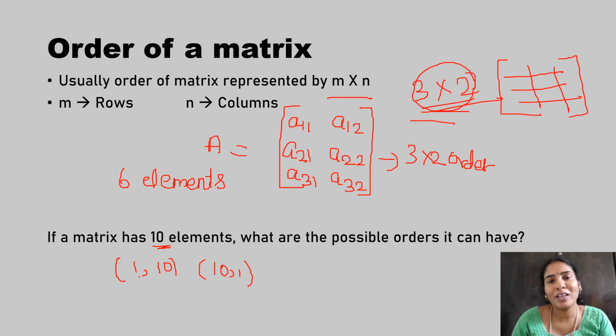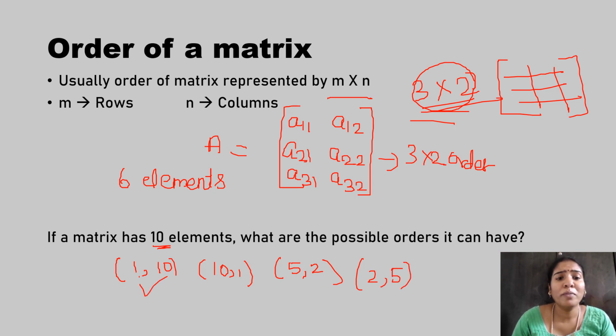That is nothing but the order of the matrix. So 1 comma 10 I can write, 10 comma 1 I can write, and 5 comma 2 and 2 comma 5. The order may be any one of these. So this is how we need to represent the order when the number of elements is given.